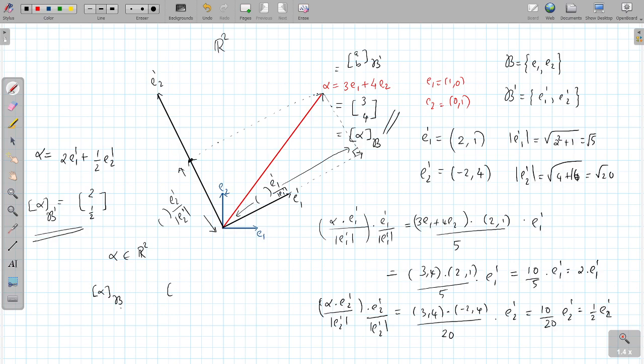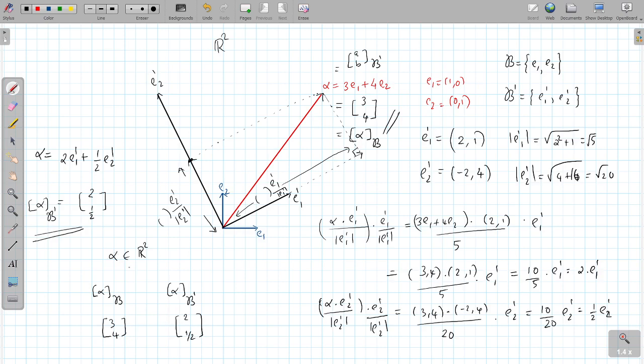If B and B prime are two bases, then alpha relative to B and alpha relative to B prime are the coordinates. So these need not be the same. If the basis changes, this will be (3, 4), and this is (2, 1/2). Okay, these are different coordinates for the same element alpha.